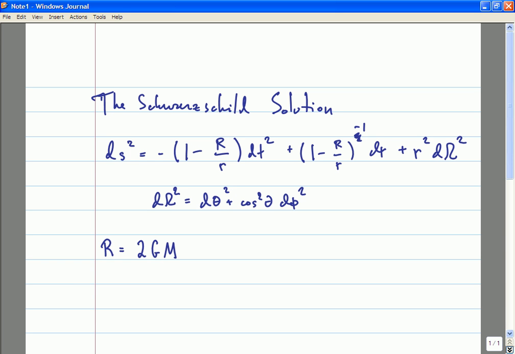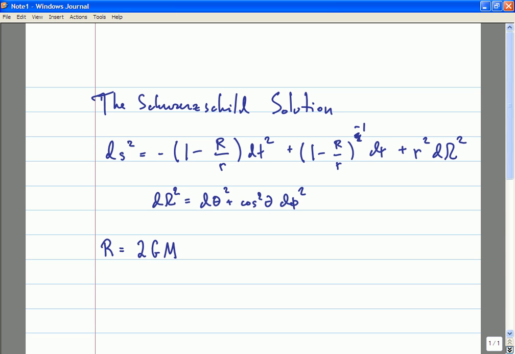So if you, for example, wanted to find the metric in the solar system due to the curvature of the sun, then in the approximation where you can treat the sun as a static object which is not rotating, and where one can neglect the gravitational field due to the other planets in the solar system, this is it. This is the metric of the solar system.